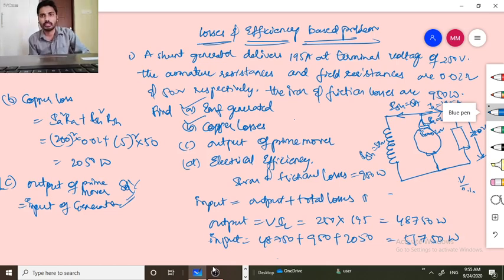And now we can calculate the efficiency easily. I think you can calculate here. 48750 plus 950 plus 2050 is 51750. So we got the input value, the input of the generator.